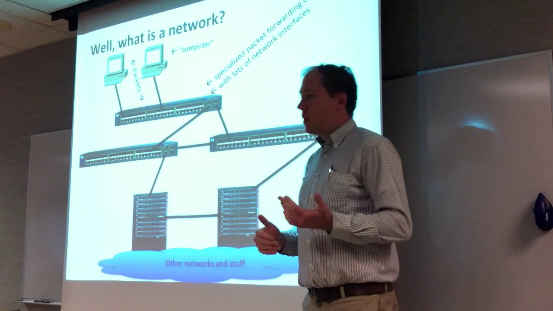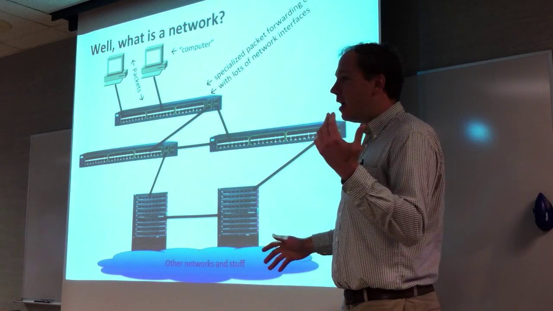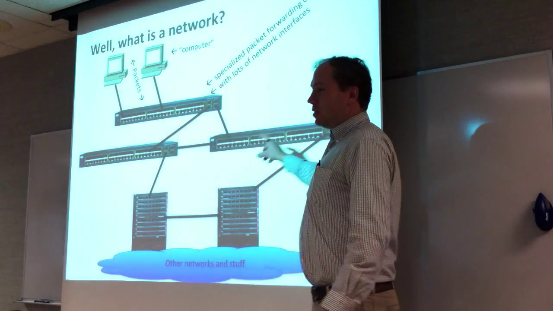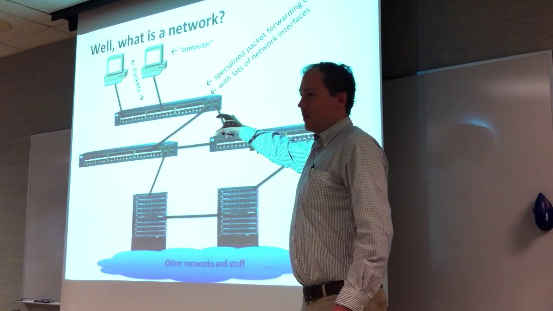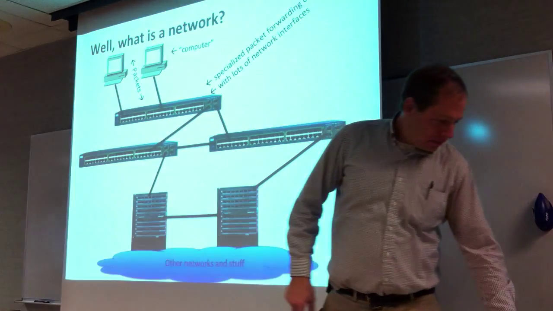And those computers ran software that knew what to do when packets came in those interfaces and could send them back out. I think a lot of times we've forgotten that that's what these things are, and they're these boxes with lots of ports on them. But this is really what's going on here.